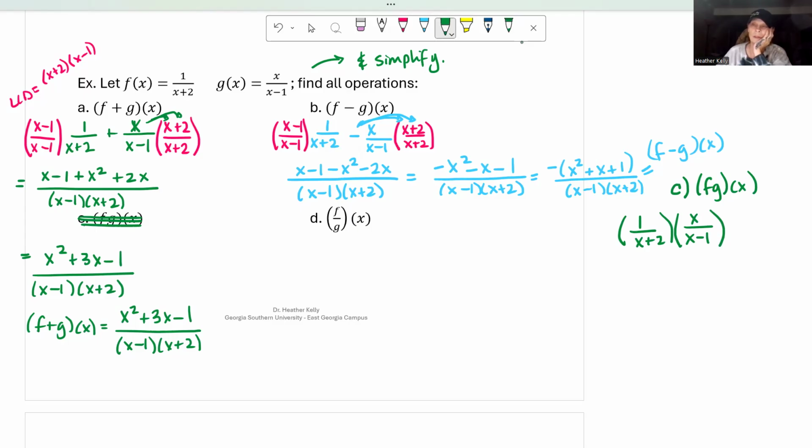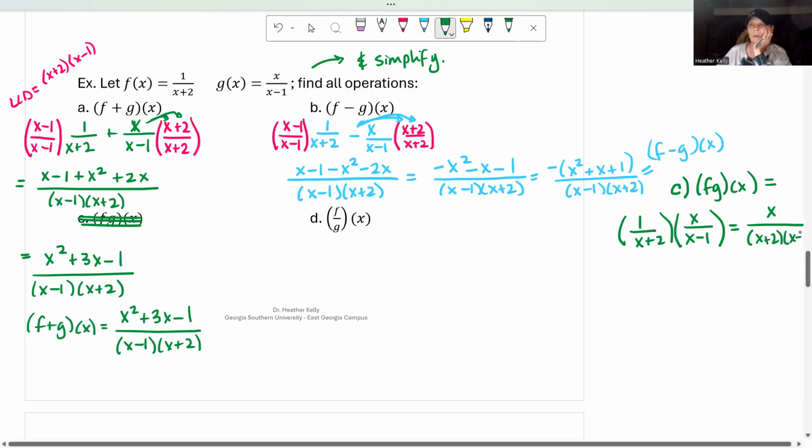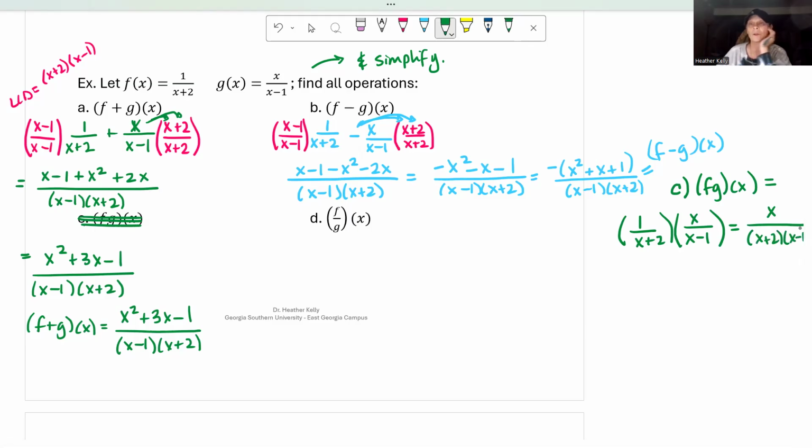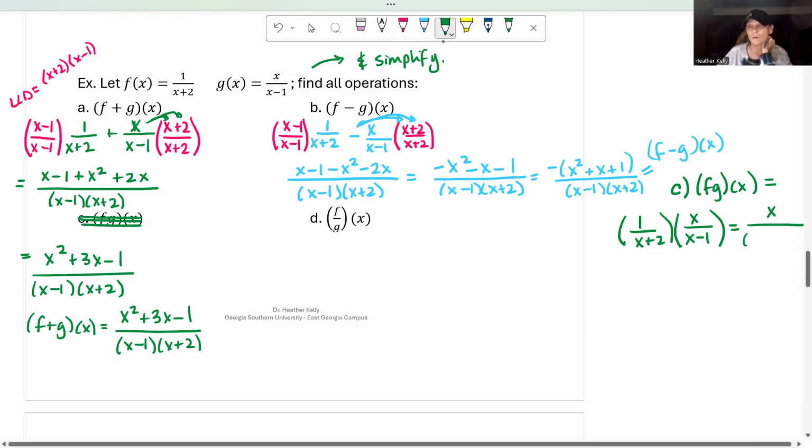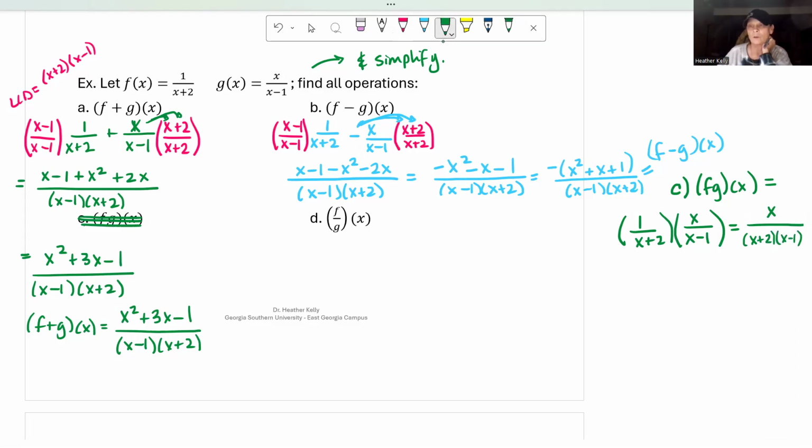And believe it or not, this is pretty straightforward because that's just going to be x over x plus 2 times x minus 1, because when you multiply two fractions together, it's shirts times shirts and pants times pants, right? You just multiply straight across. x plus 2, x minus 1. I just really like saying shirts times shirts over pants times pants, so that's why I have to say it all the time. You'll hear it more from me, I'm sure. Okay, there's the answer there.